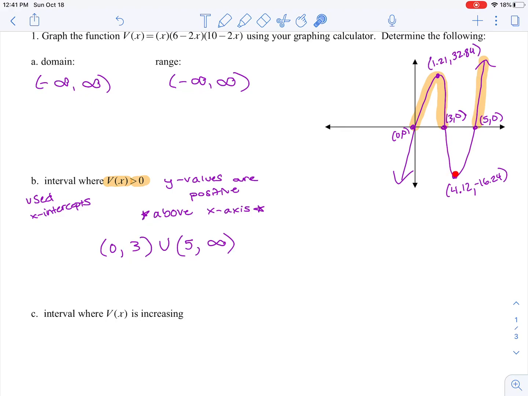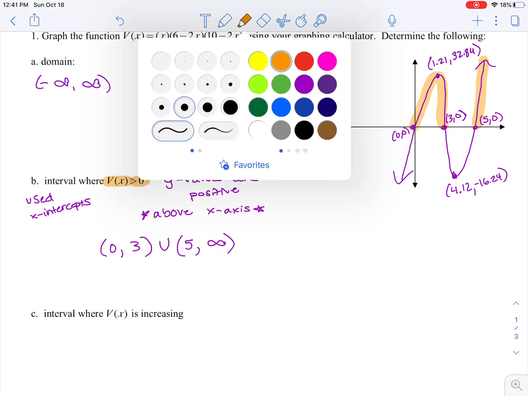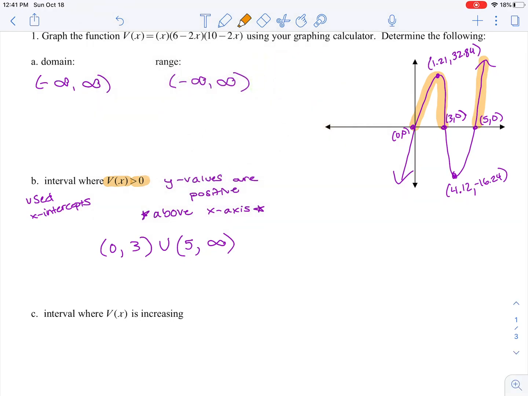Because I'm going down. And then right again here at my local min, now it's getting bigger again. So the spots where my y values are getting larger and larger is all the way up until here, right? And then again from my local minimum all the way here.